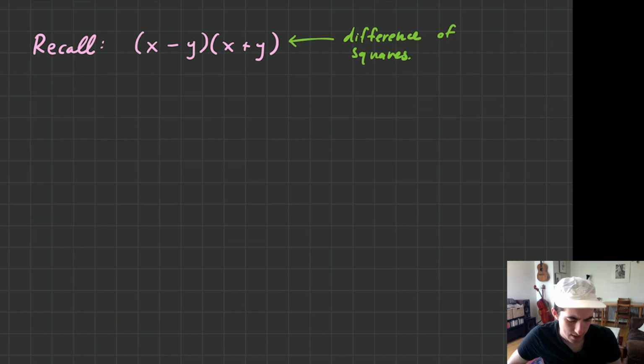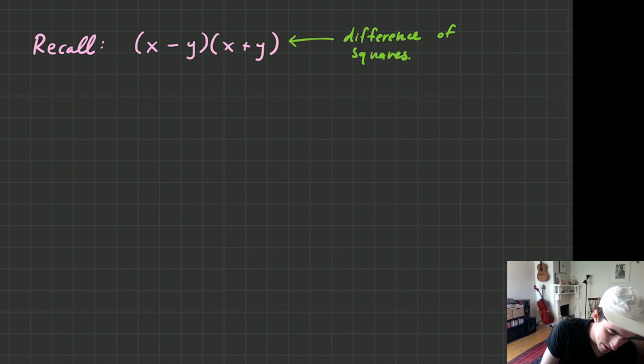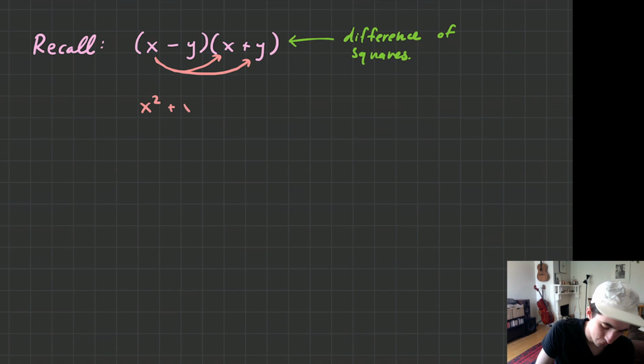If we were asked to expand this, let's see why they call it a difference of squares. It's probably true that you remember this already, but just to be totally sure, let's expand this and see what we get. So we're going to have x times x, which is x squared. We're going to have x times y, which is positive xy. We're going to have negative y times x, which is negative xy.